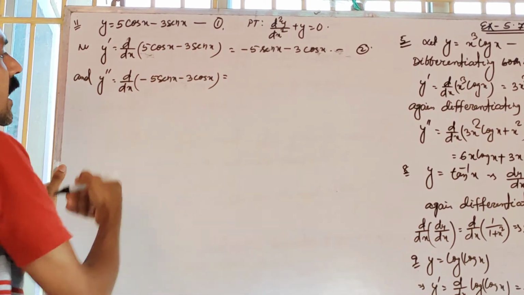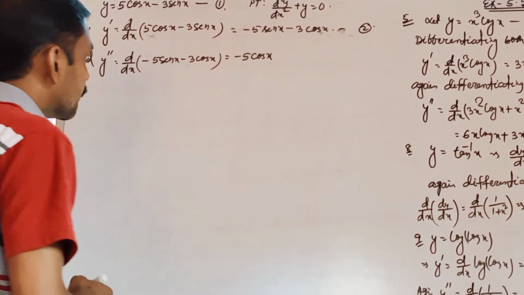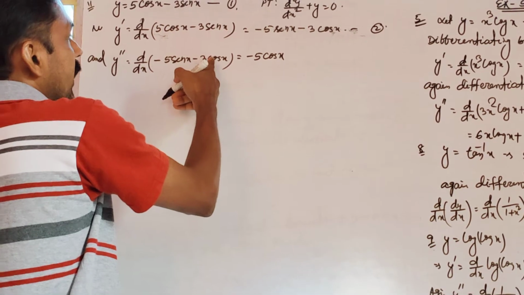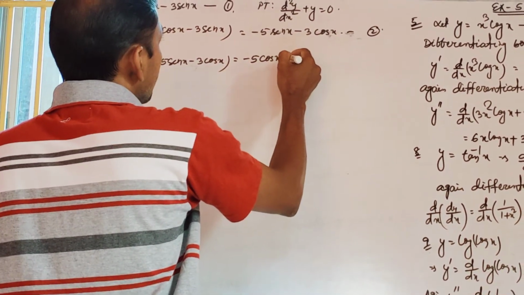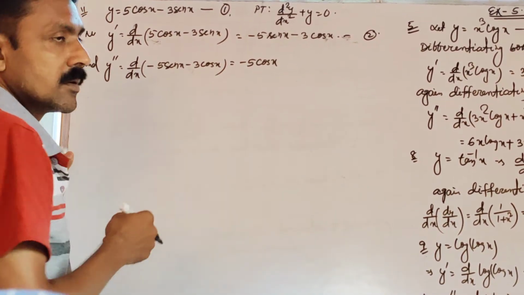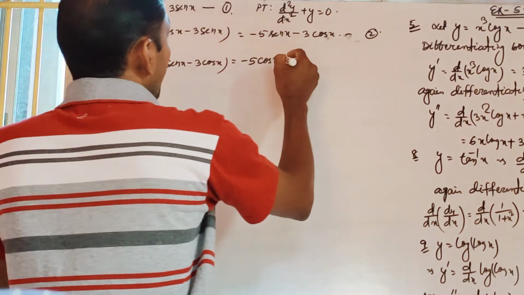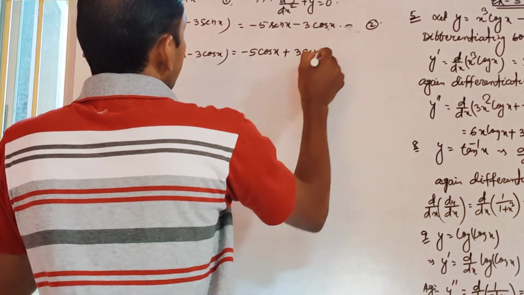So the derivative of sin x is cos x, so it is minus 5 cos x. Okay. And the derivative of cos is minus sin, minus into minus will become what? Plus. Isn't it? Plus 3 sin x.